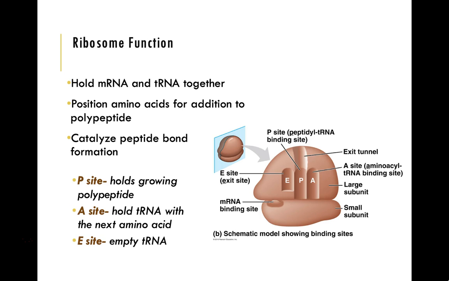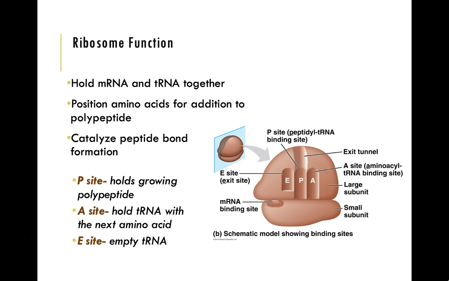So we have three sites labeled E, P, and A. That P site is going to be the site where the transfer RNA holding on to the growing amino acid sits. The A site is going to be the site where the next coding amino acid comes in. So transfer RNA is going to come in, bind to the A site, and then it's going to transfer its amino acid to the transfer RNA at the P site.